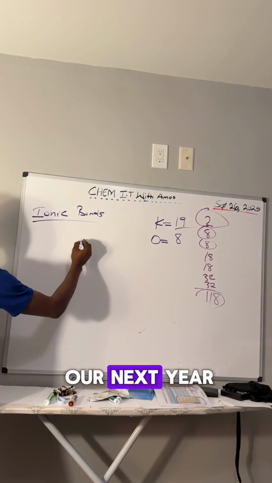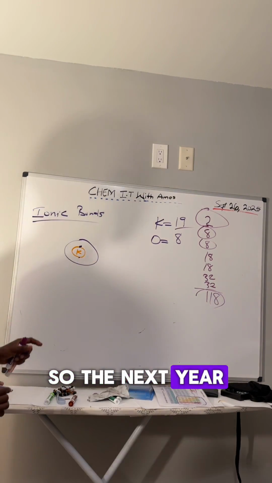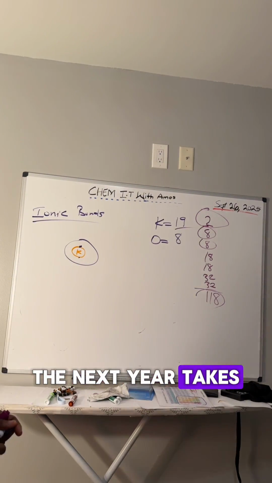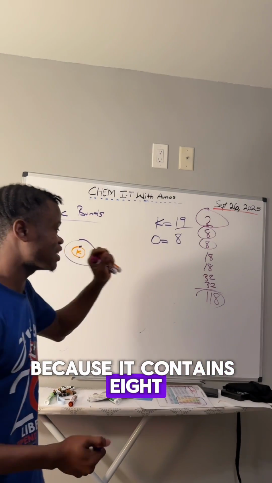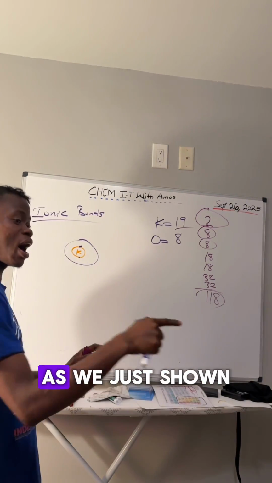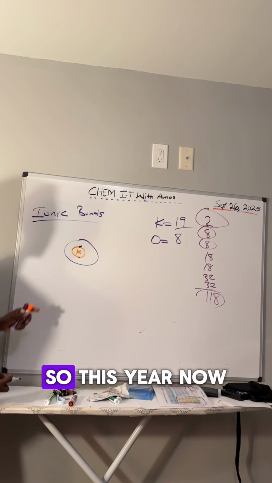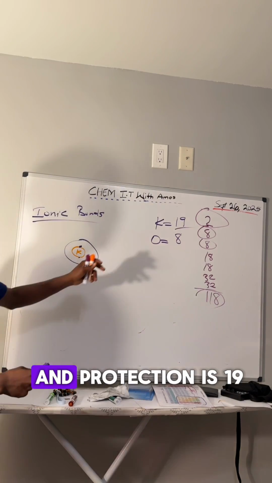So we can draw our next shell. The next shell takes 8 electrons as maximum because it contains 8 elements within that particular row, as we just showed. So here we have 2, and potassium is 19.